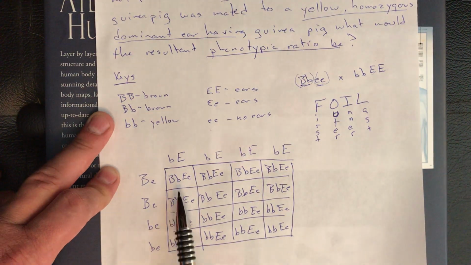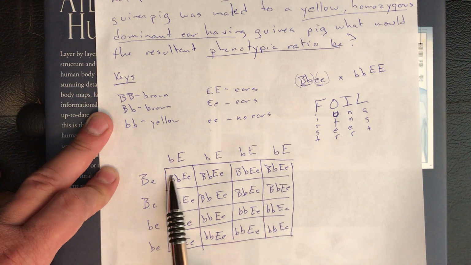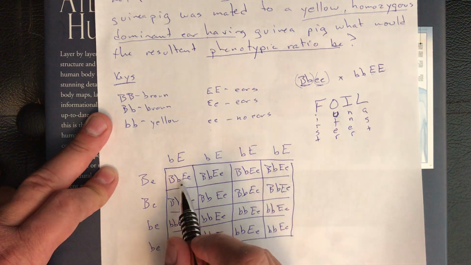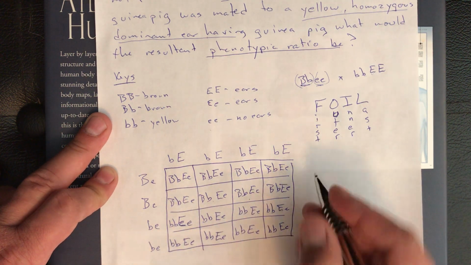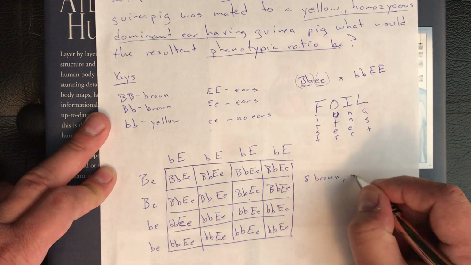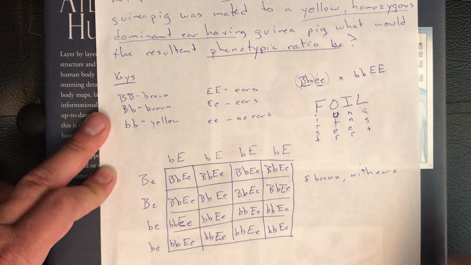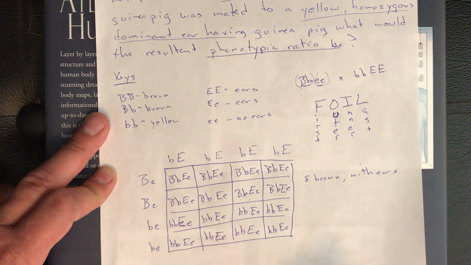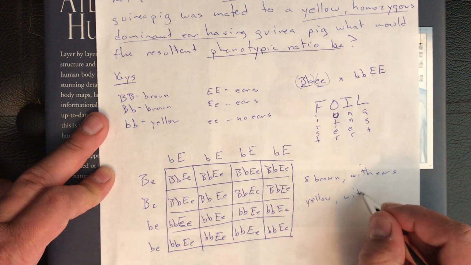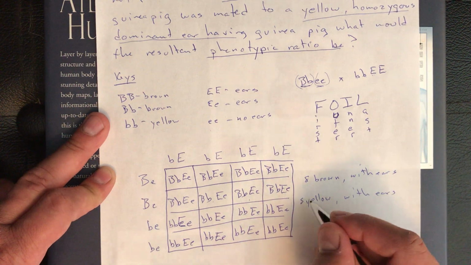So it looks like these 2 rows going across right here, these guys are brown with ears. All right, so we got 1, 2, 3, 4, 5, 6, 7, 8 of them that tend to be brown with ears. And then these guys are yellow with ears, so 8.